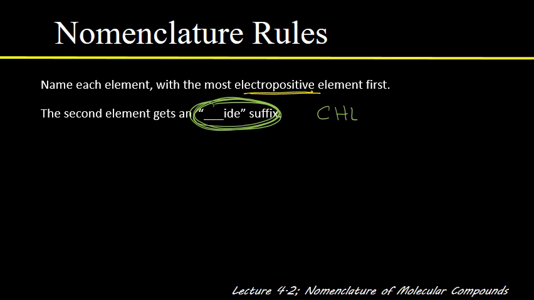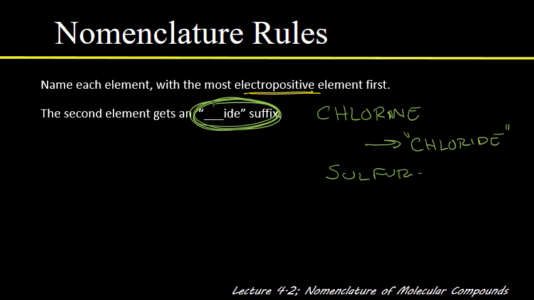So if the second element is chlorine, for example, we change that to chloride, right? If our second element is sulfur, we change that to sulfide. If the second element is oxygen, we change it to oxide.